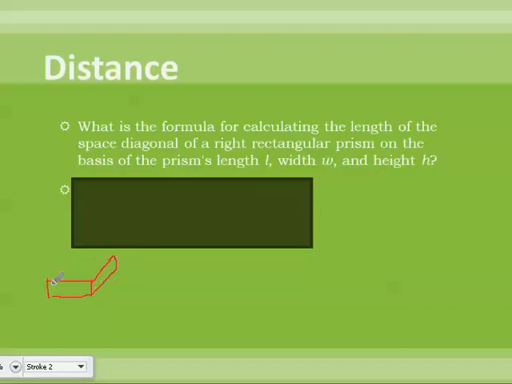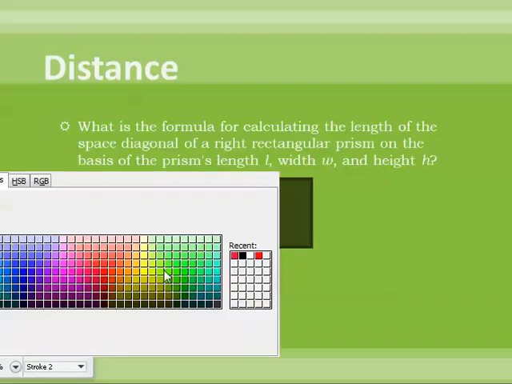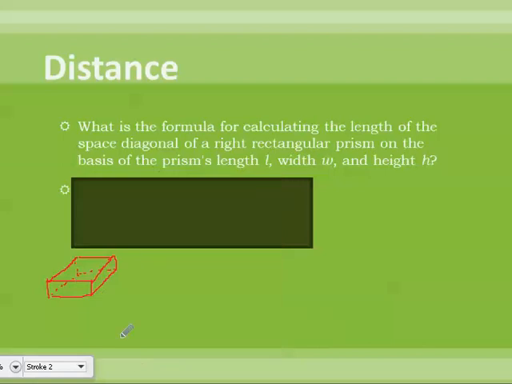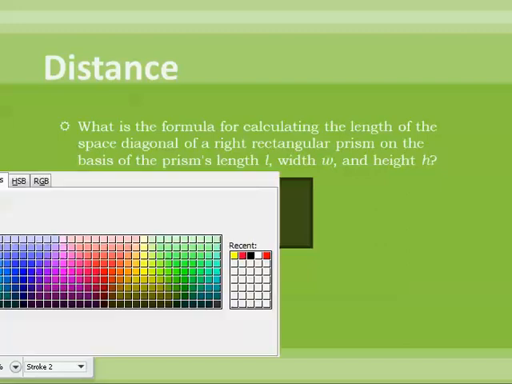I'm doing this freehand, so you have to excuse it. It looks like that, and a space diagonal goes from one corner, like this upper corner up here, to the bottom corner on the opposite vertex over there. It's going through space. It's not on any one of the sides. It's not on a side at all. It's going through the space that's in the middle of it.